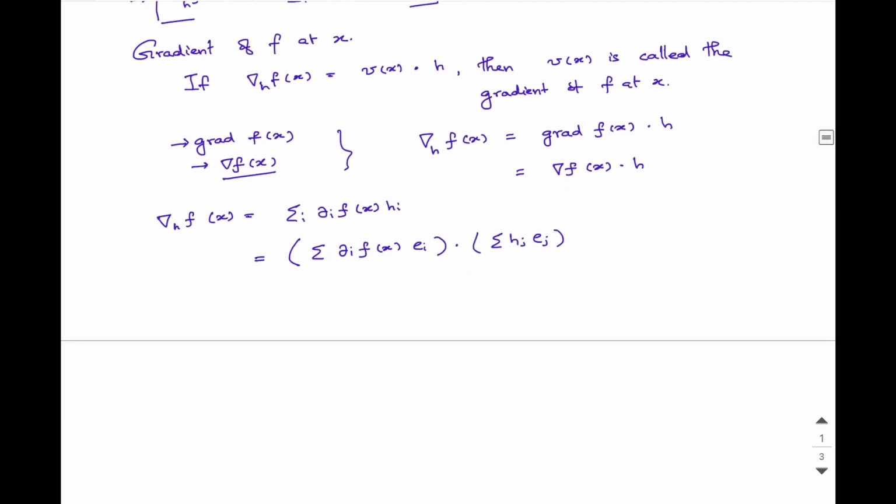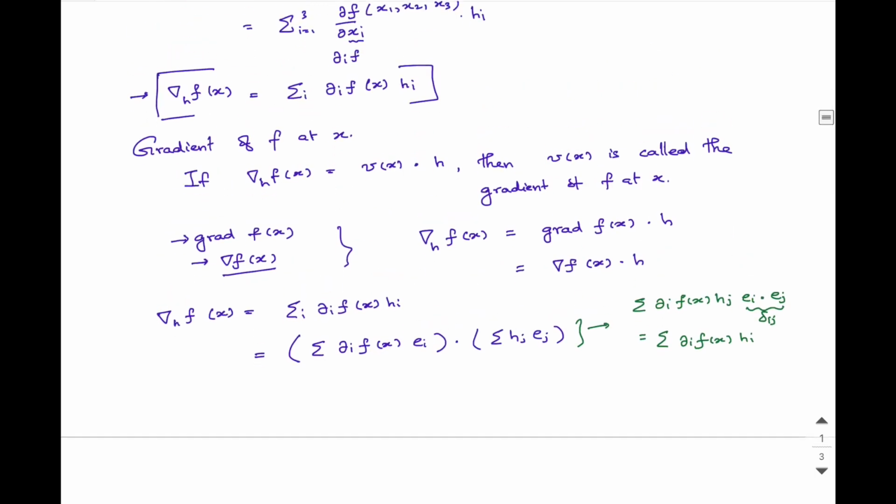These are linear combinations of the basis vectors e_i and e_j, so you can multiply them. So this essentially is the summation of partial_i f at x h_j, e_i dot e_j, but this is nothing but delta_ij, so you can replace j with i, and it just becomes the summation of partial_i f of x h_i, which is exactly what you have here.